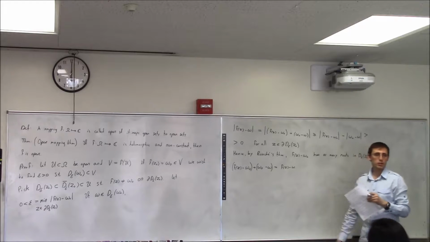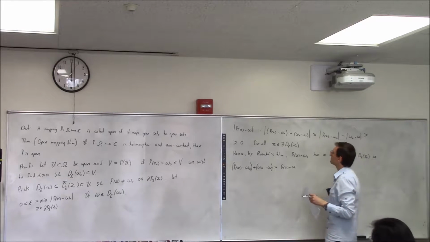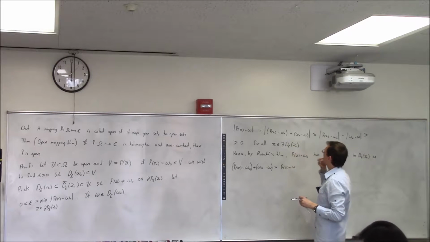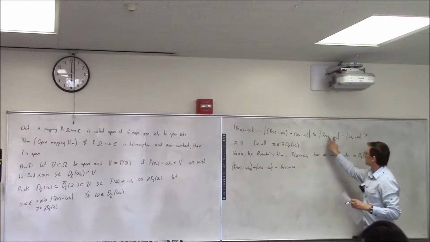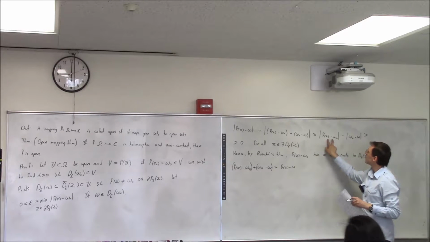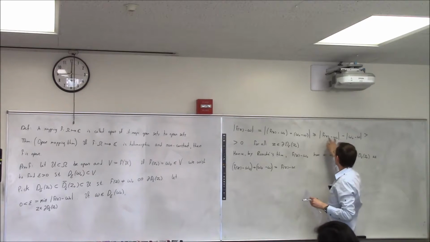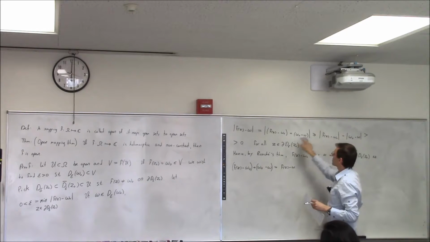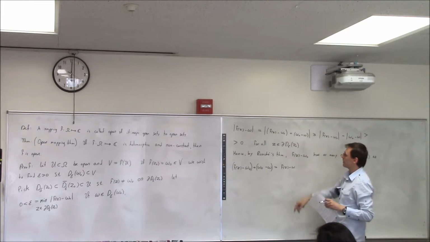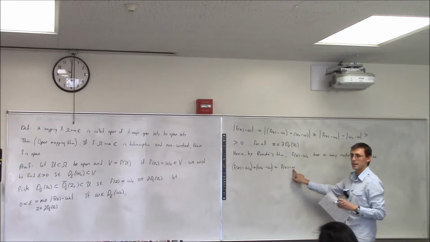So what does Rouché's theorem say? It says that if this function is bigger than this function, then this function has the same number of roots as the sum. And the sum happens to be f of z minus w.